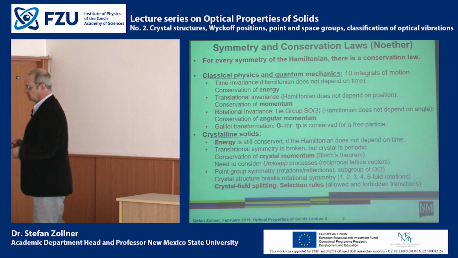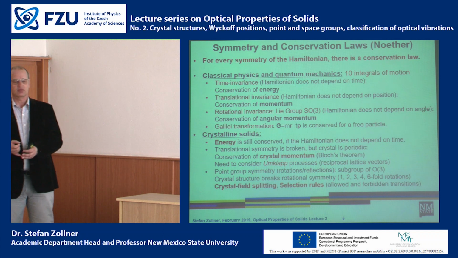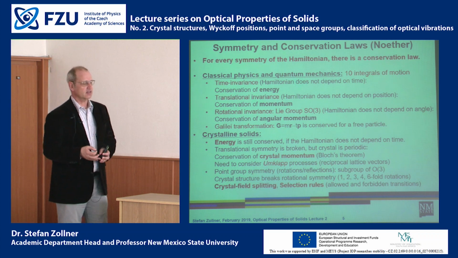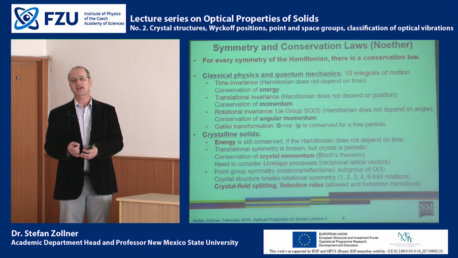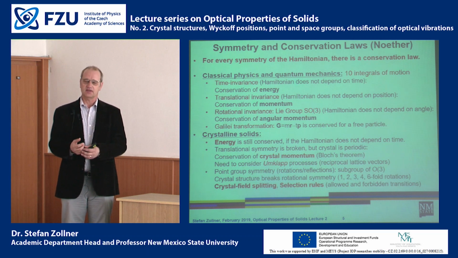Of course, symmetries are even more important in nuclear physics. If you think of quantum chromodynamics, the proton is made up of 3 quarks, and the spin of the proton is 1/2. So you think, well, that's easy.